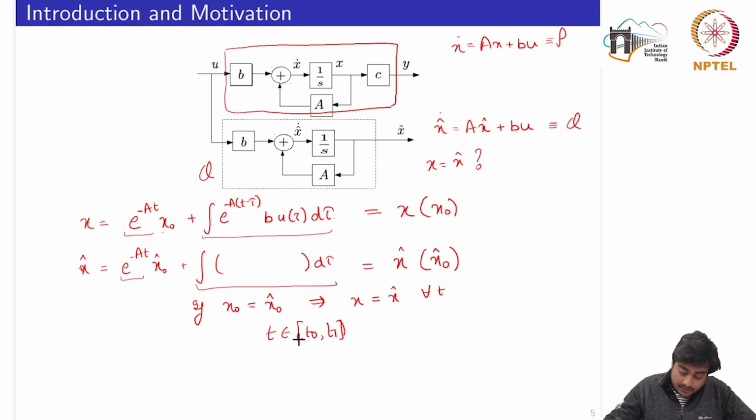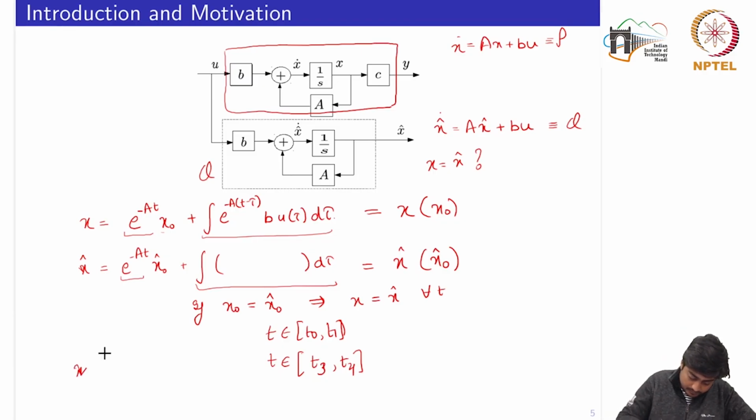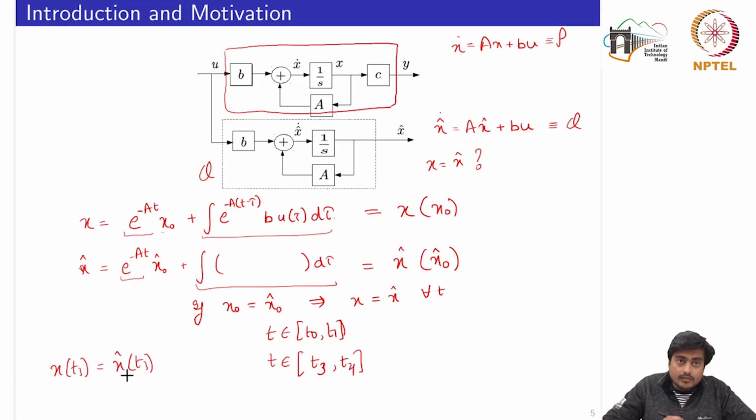So for example, again if I need a continuous estimate for some other time window, let's say t1 comma t2 or t3 comma t4, then again I need to compute this initial condition x hat at t3, so that I can ensure that x at t3 is actually equal to x hat of t3.